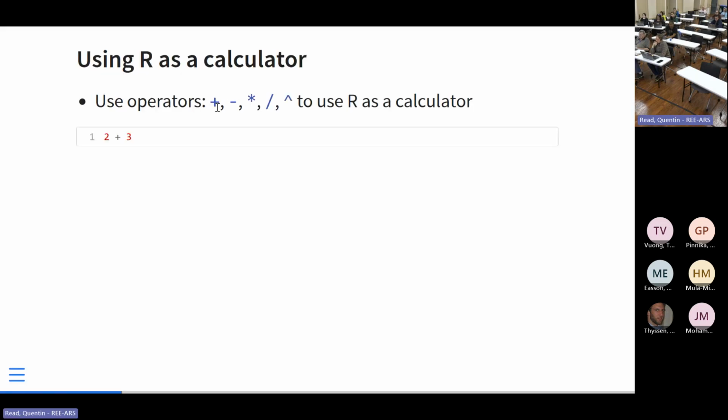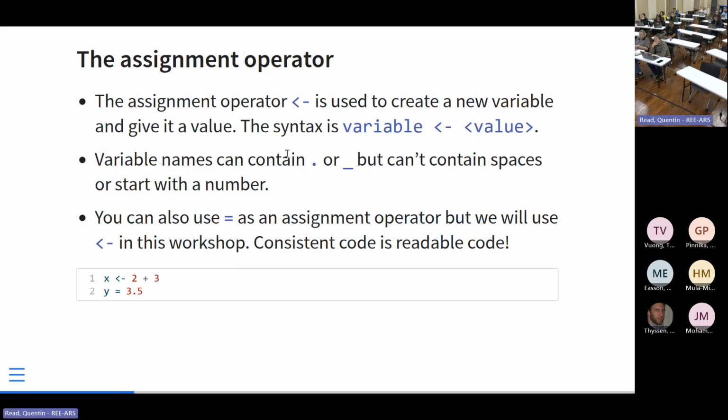Obviously, you can do addition, subtraction, multiplication, division, exponentiation, all those basic operations. Here's a more computer science-y thing that you have to know how to do if you're working in R, which is the assignment operator, a way to create new variables.